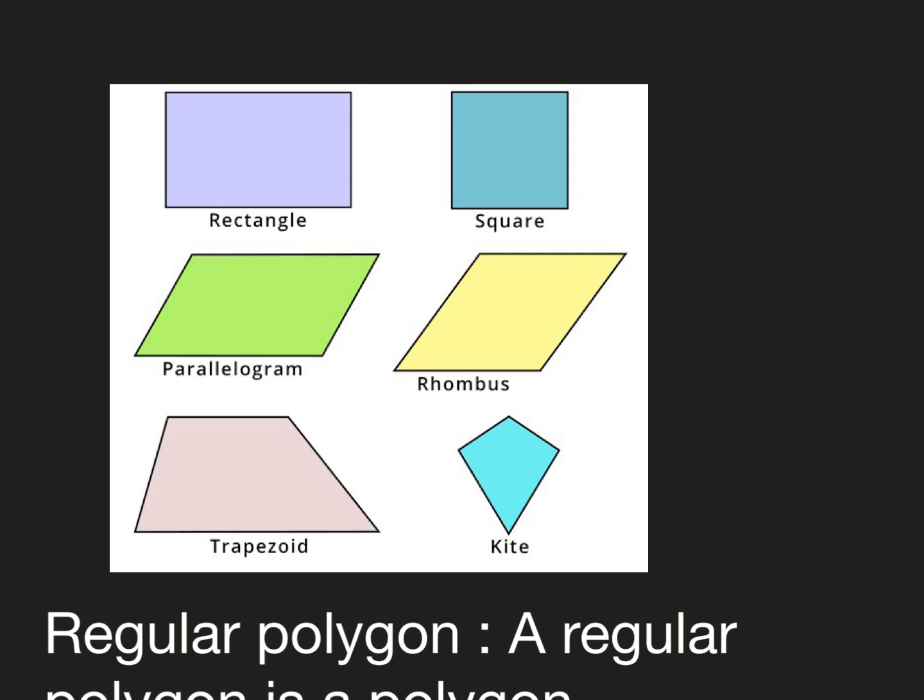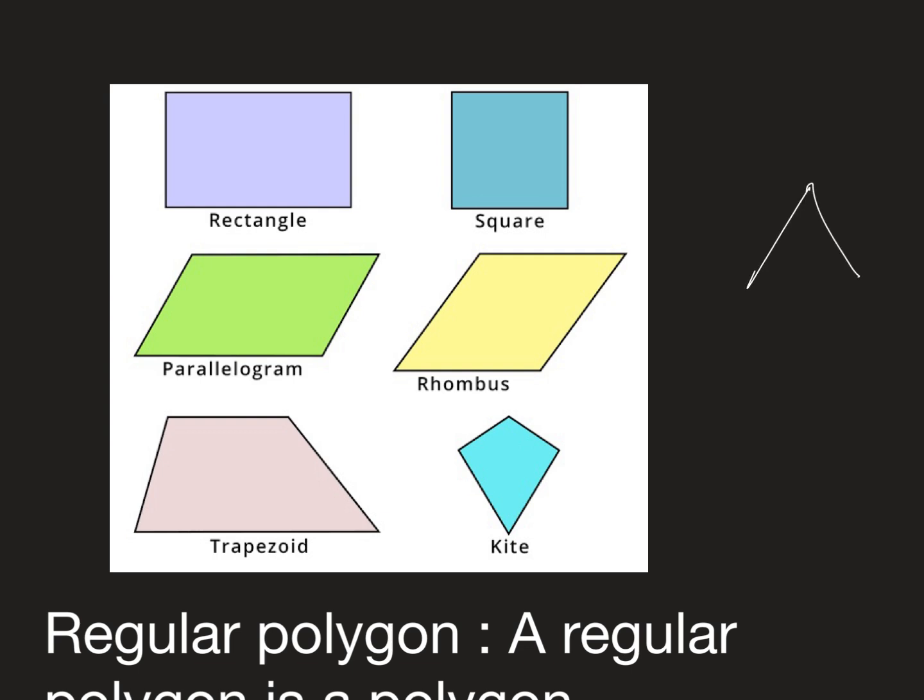So which of them is a regular quadrilateral? Remember, a regular polygon is a polygon that has its interior angles being equal and the sides are also equal. So among the quadrilaterals, the polygon that is regular is a square. Among the triangles, the polygon that is regular is an equilateral triangle.